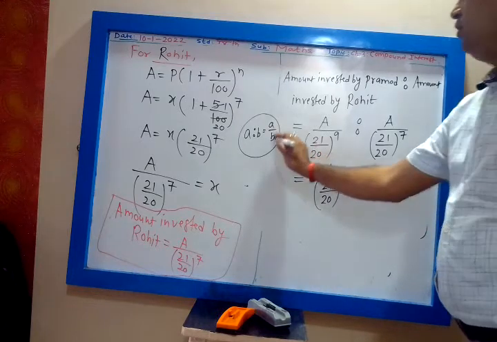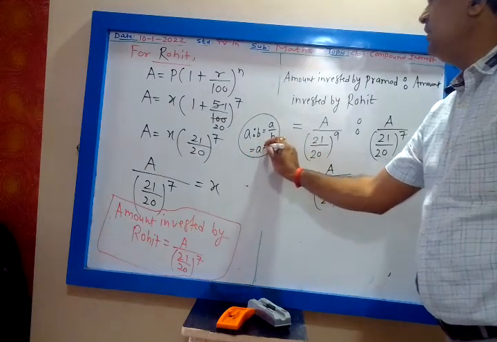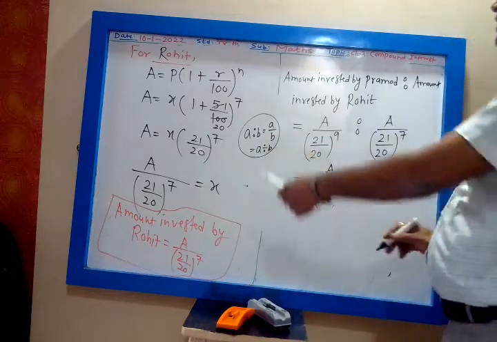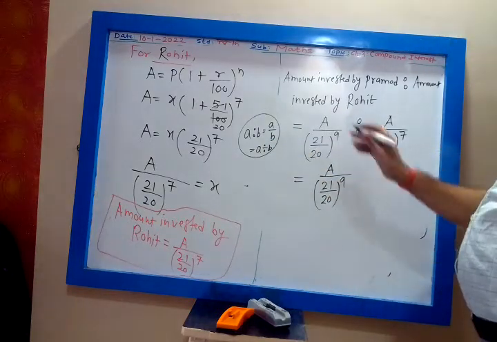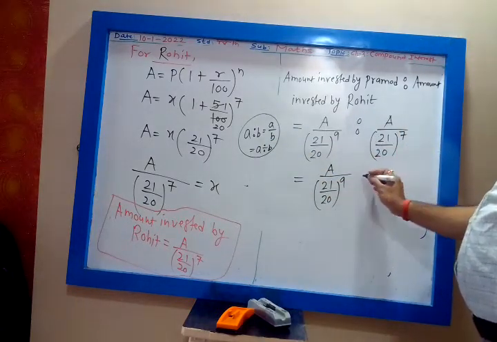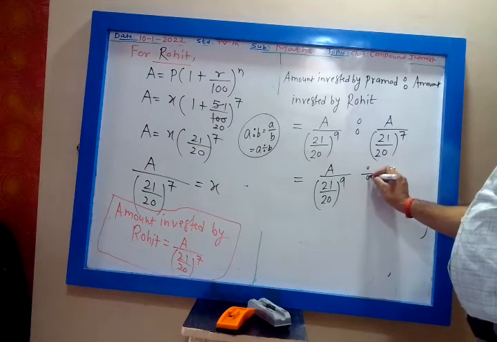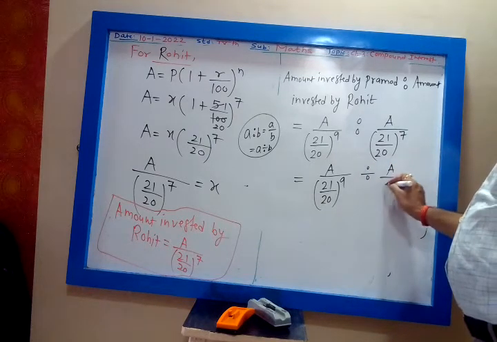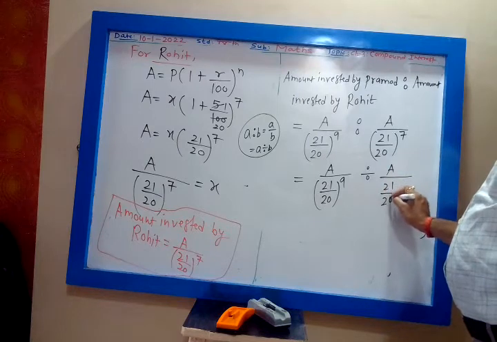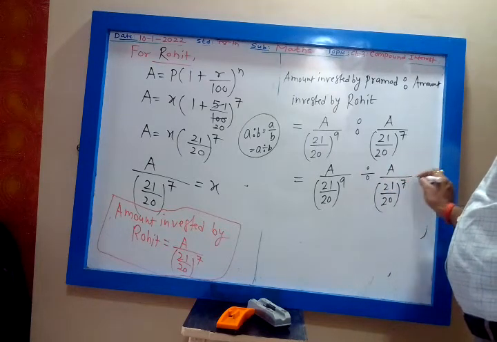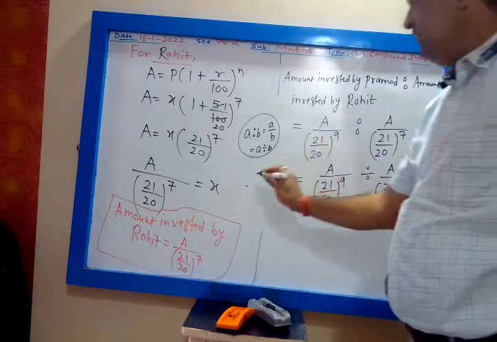Divide by this. A upon B I can also write A divided by B. So A ratio B means A divided by B. So divided by A upon 21 by 20 raised to 7. Yes.